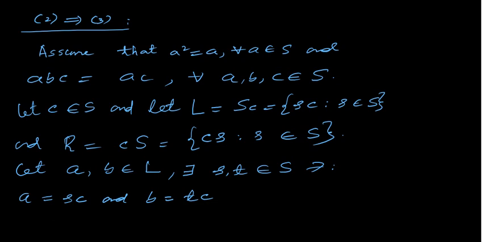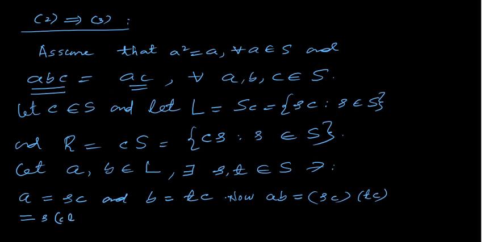Now let's find the product. Now what's AB? A is SC and TC. It's given that the product of three elements A, B, C is equal to the product of the last two elements. So this is equal to S, CT, and C. This is the product of three elements.